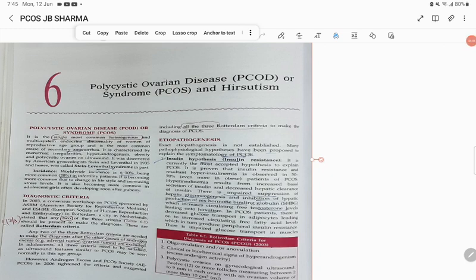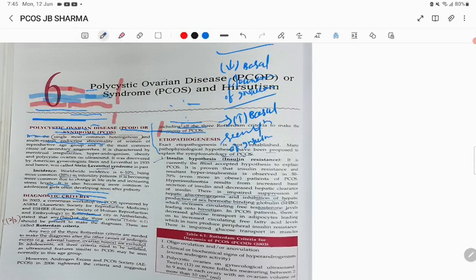Okay, let's talk about the etiopathogenesis of PCOS. The insulin hypothesis, that is insulin resistance, is currently the most accepted hypothesis to explain PCOS. It is proven that insulin resistance and resultant hyperinsulinemia is observed in 50 to 70%, even more in obese patients.